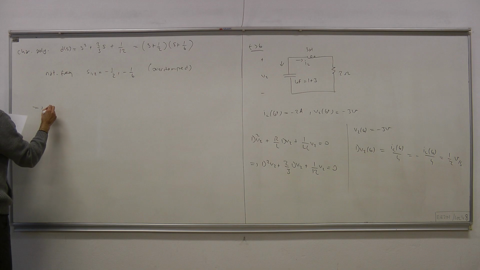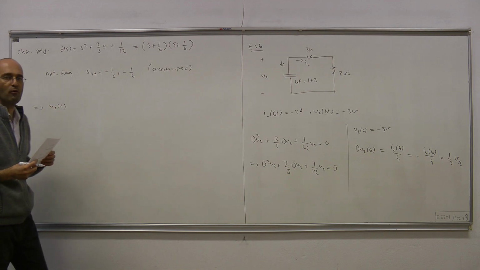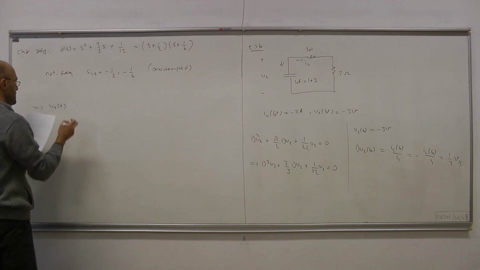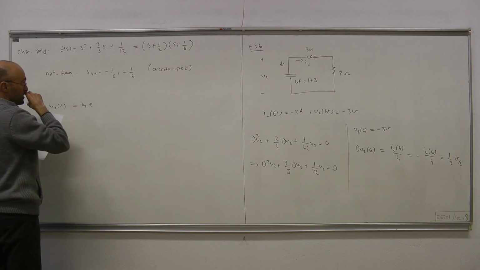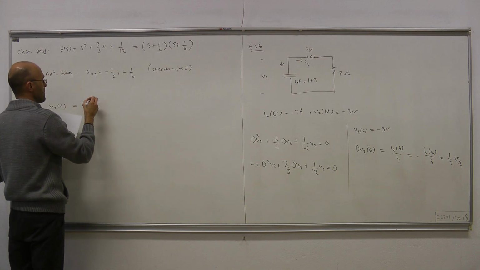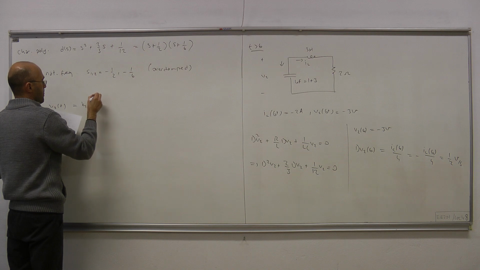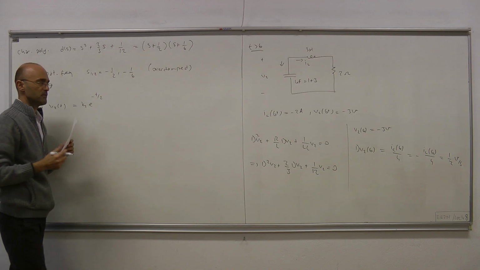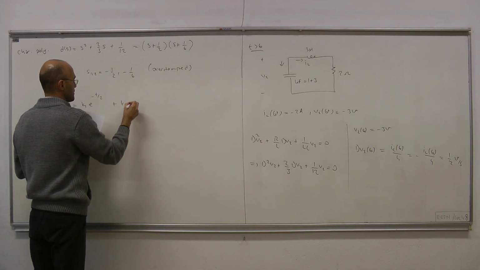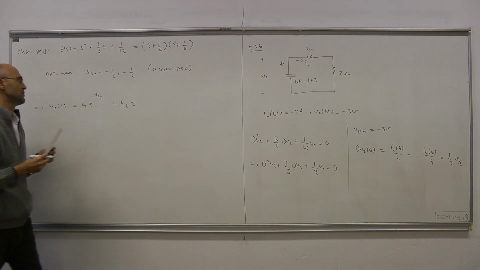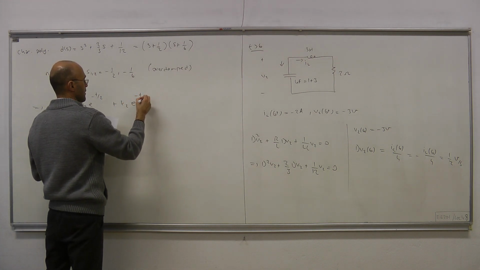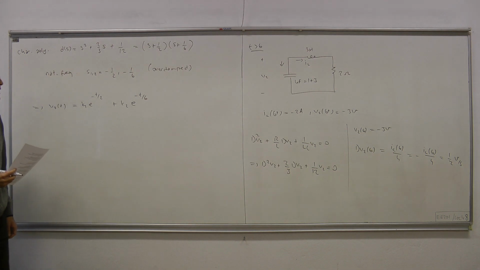Now we know the form of the solution. V2(t) equals some constant times e to the first natural frequency times t plus some other constant times e to the second natural frequency times t. Okay.